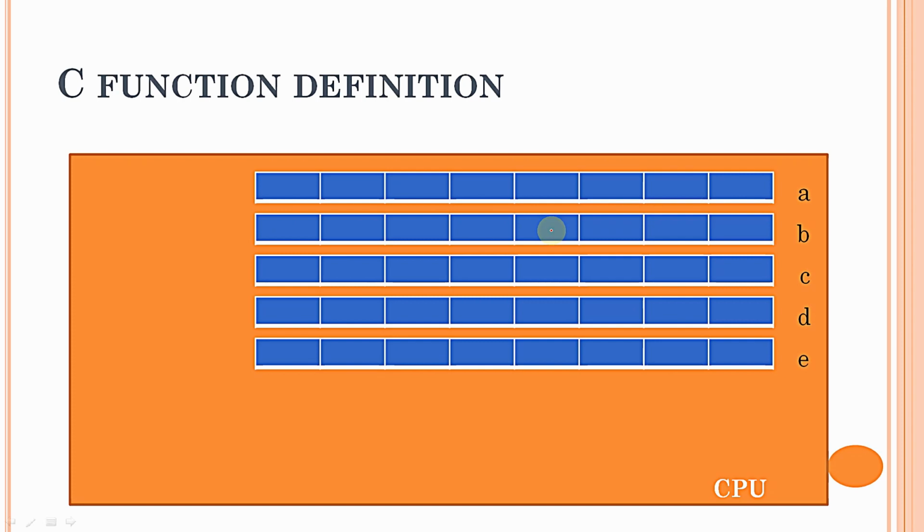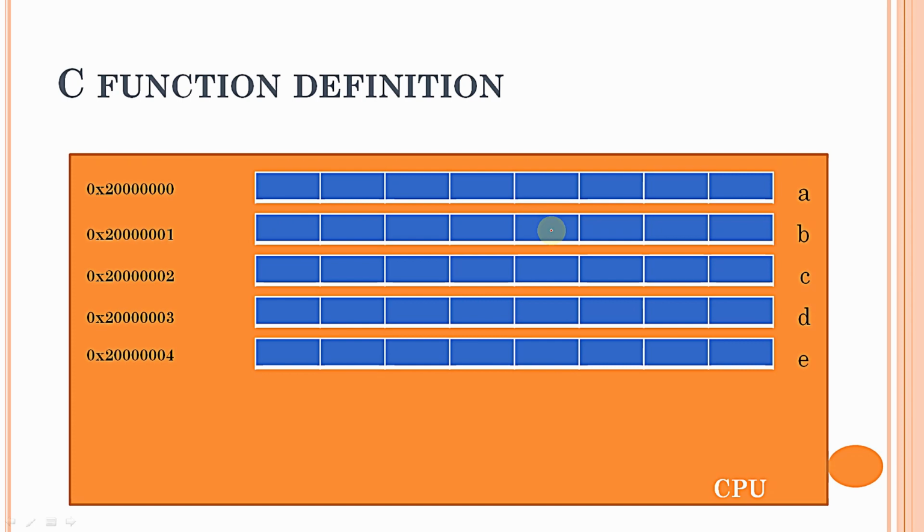And inside the CPU, obviously each memory location will have a particular address, right? So let's take the addresses of all these variables to be like this.